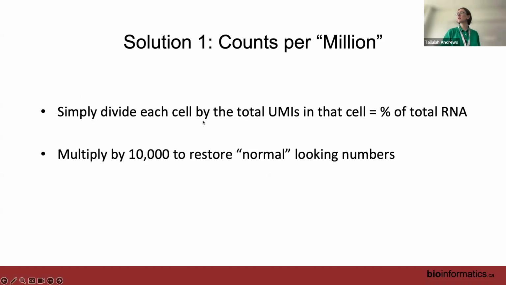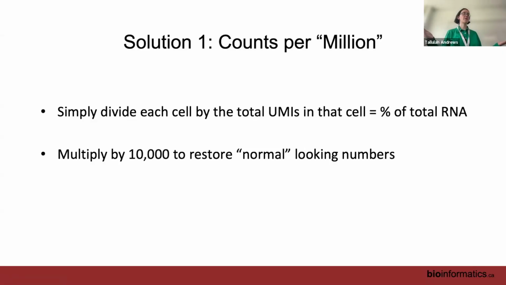So here we simply take the expression in each cell, we calculate the total UMIs in that cell, and we divide the expression by that total. So we essentially get the percent of all of the RNA in that cell that came from each of the genes. And then we just multiply by a big number to turn those percentages back into normal-looking numbers.